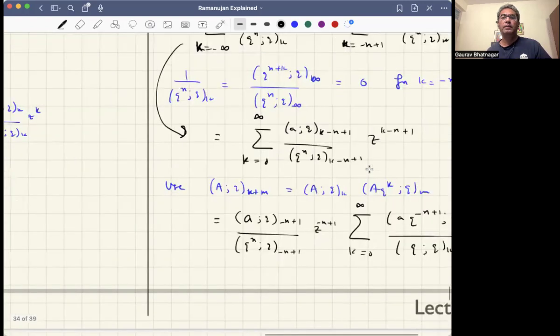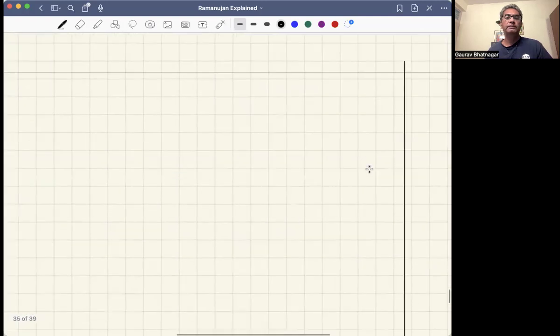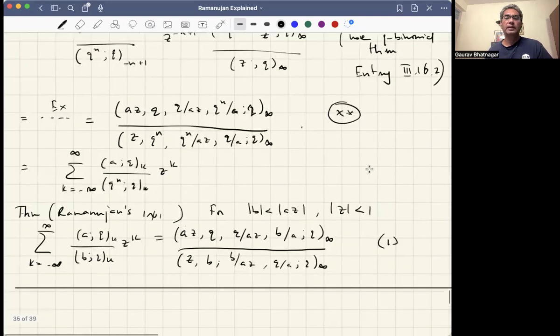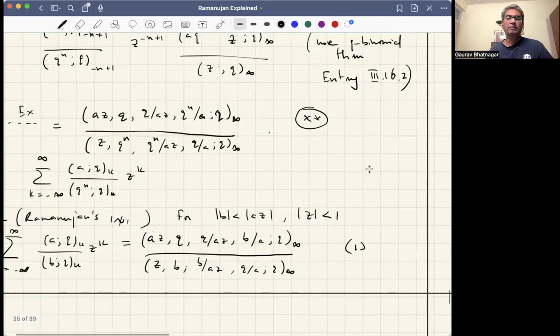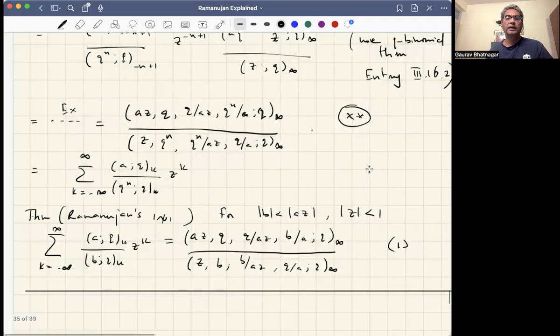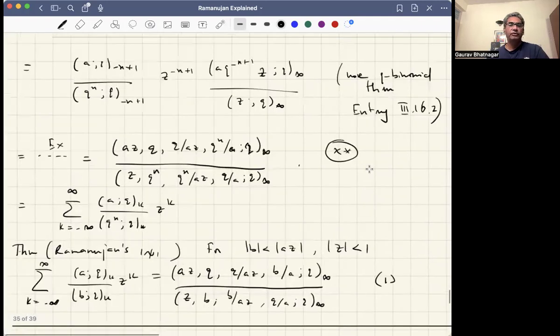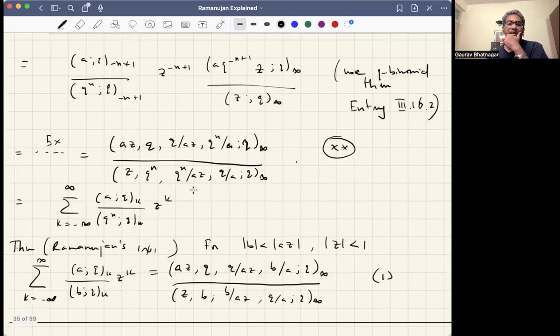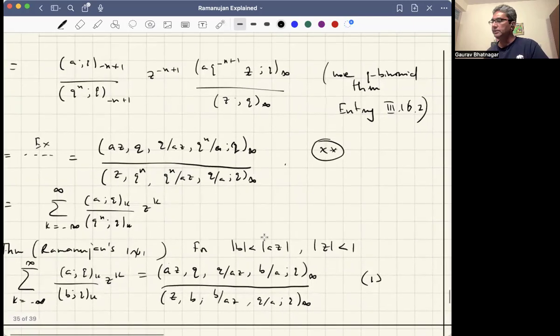Right, so this is Ramanujan's one psi one sum. And the proof is, so Ismail's idea of the proof was exactly this, that he considered both sides as analytic functions of b rather than q^n.